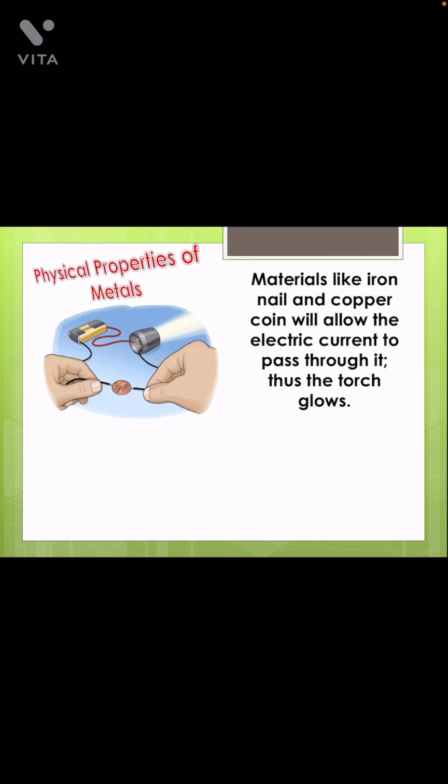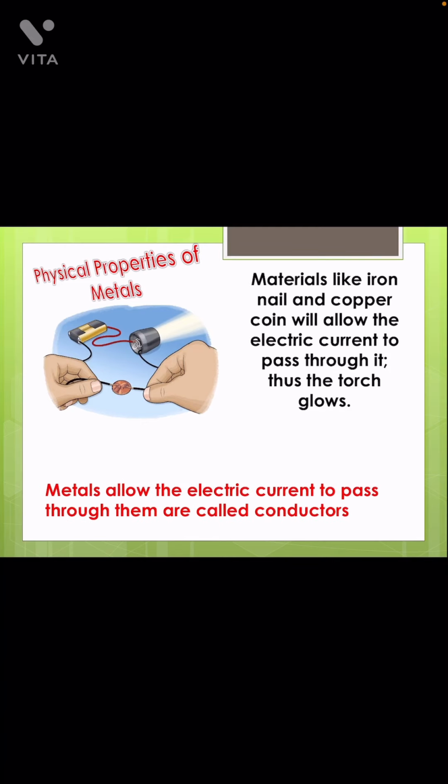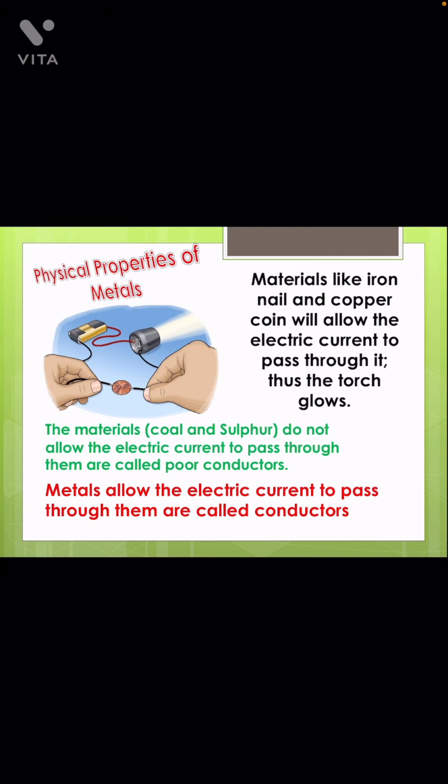Thus, the torch glows. But the sulfur and coal pieces do not show any changes in the circuit. So you can conclude that metals allow the electric current to pass through them and are called conductors. And the sulfur and coal pieces are poor conductors of electricity.